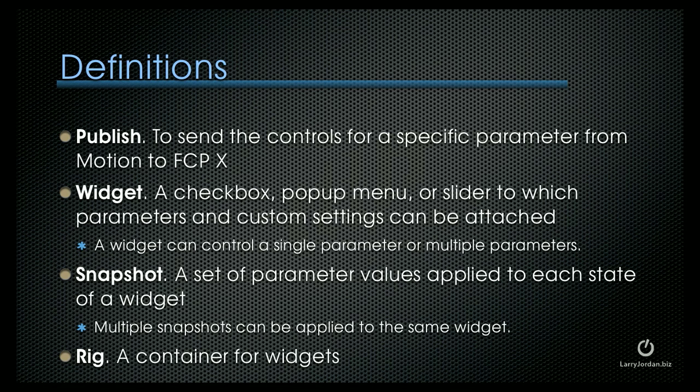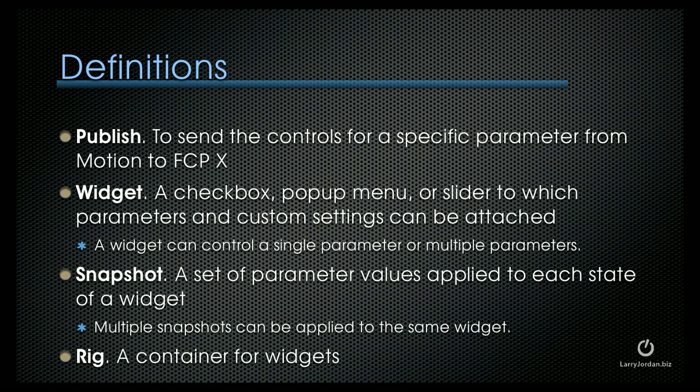A widget, on the other hand, has three different states. There's a checkbox, a pop-up menu, or a slider, to which parameters and custom settings can be attached. A widget can control a single parameter or multiple parameters, and I'll show this in detail over today's session. A snapshot is a set of parameter values that are applied to each state of a widget.